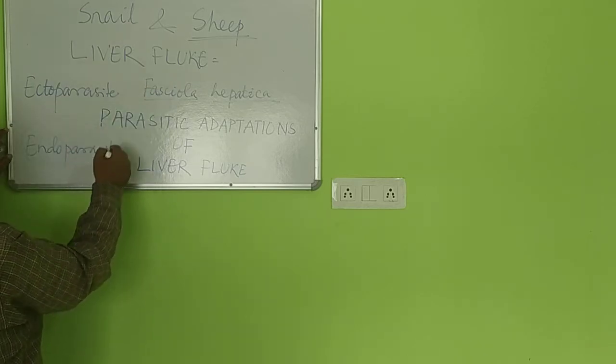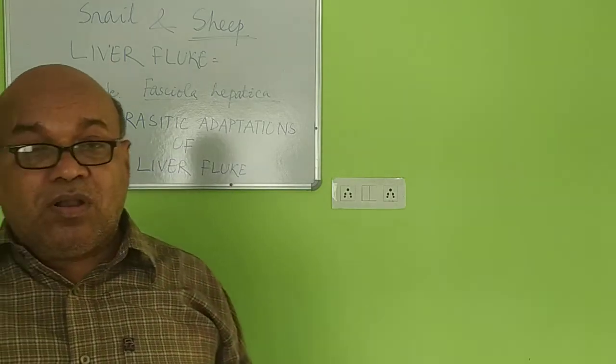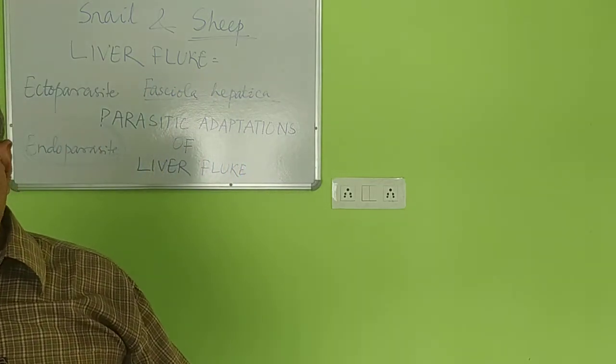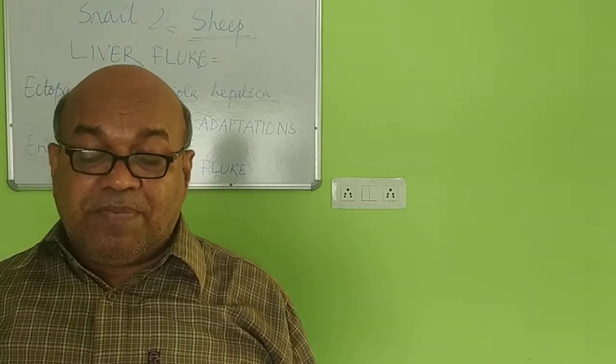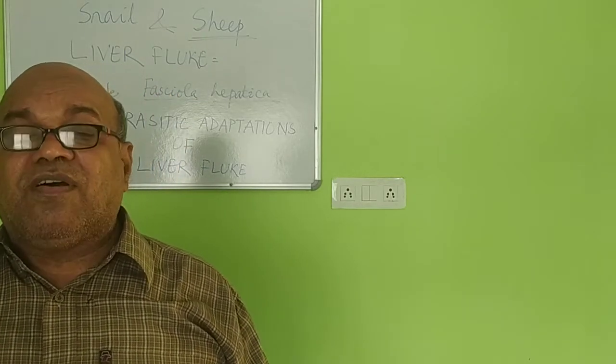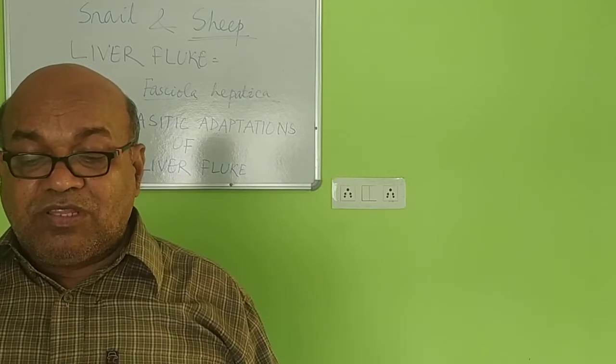Your liver fluke is an endoparasite, but your bedbug is an example of an ectoparasite. But our topic is concentrated on the parasitic adaptation of Fasciola hepatica, or liver fluke. Let us know in detail about them.